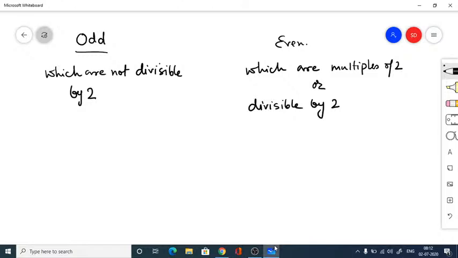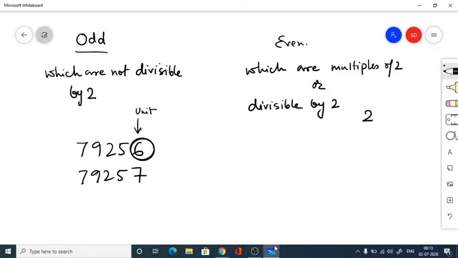Now how will you understand just by looking at the number whether it is an odd or even number? Suppose you are given 79256 and 79257. You will see the last digit, the unit digit. We all know by heart the multiples of 2: 2, 4, 6, 8, and 10, so 10 means we look at 0.